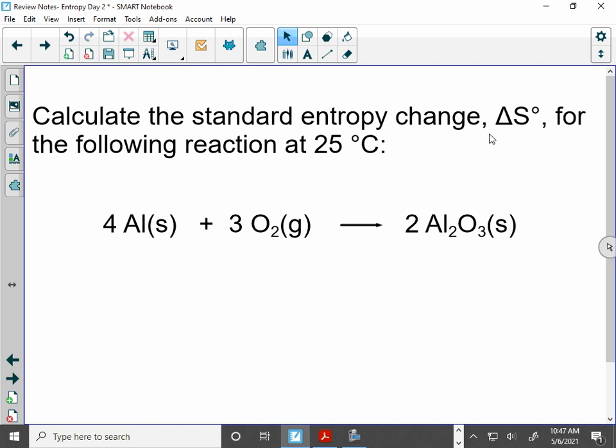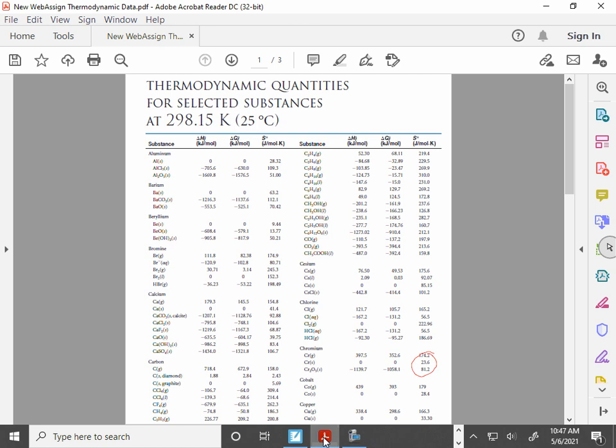So I look at this table, and I need to find, and it's hard to see because it's so small, but up here, the aluminum is right here. Al(s), it's the very top one. And I'm using the column right here, the standard entropy column. So it tells me that that value is 28.32.